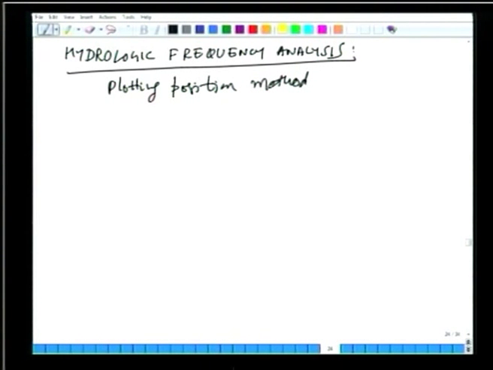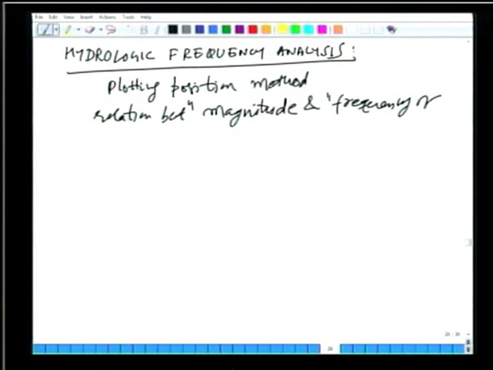The plotting position method is nothing but a crude way of establishing a relationship between the magnitude and the frequency of occurrence of a particular event. That is what we do in frequency analysis, and the plotting position method is one of those methods which we have already seen.